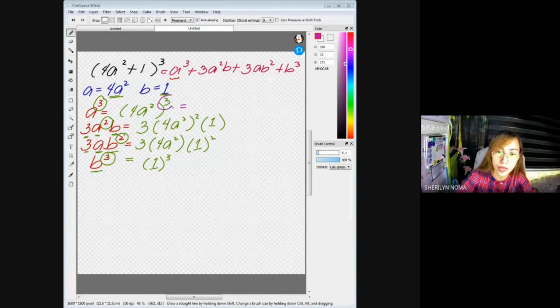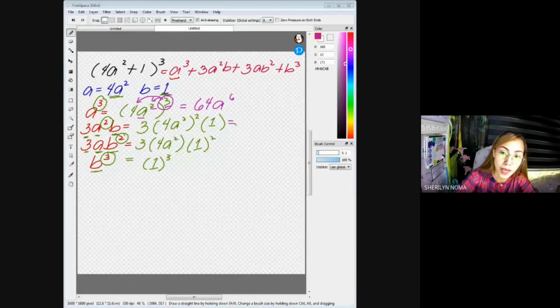So, let's distribute the cube. So, 4 cubed, that is 4 times 4 times 4, not 4 times 3. That is 64. Okay, 64. Next is, for a squared, there is a power of an exponent. So, copy the variable, multiply the exponent. So, 2 times 3, that is raised to 6. Okay, next.